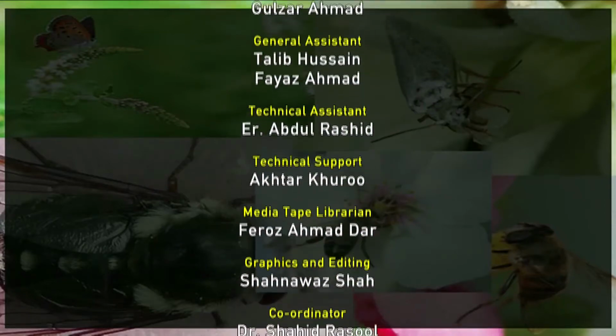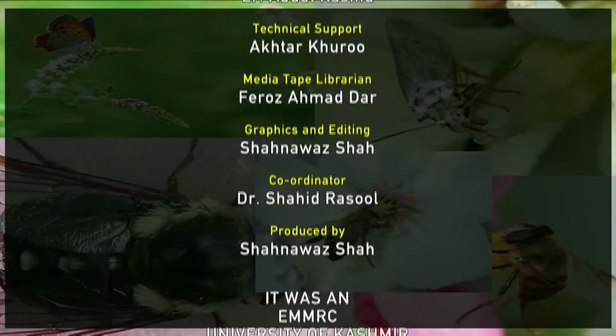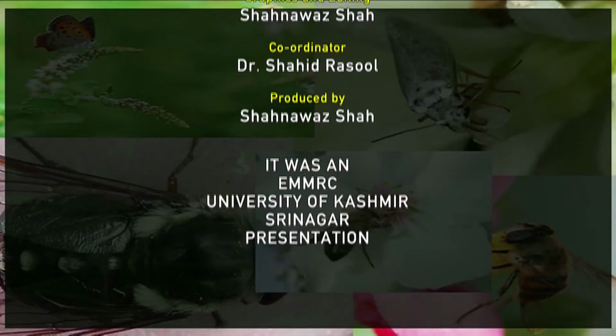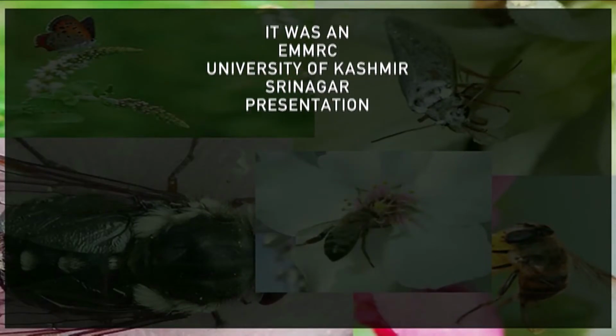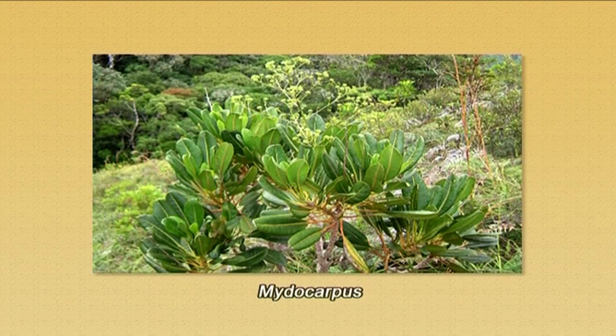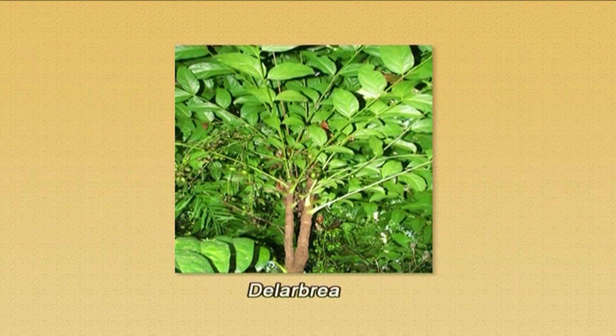They have not schizocarps but globose drupes as fruit, which characteristically lack oil cavities. Although the members of Apiaceae and Araliaceae differ from each other as I have just mentioned, there are some genera which are in between these two families. These genera are Myodocarpus and Delarbrea.